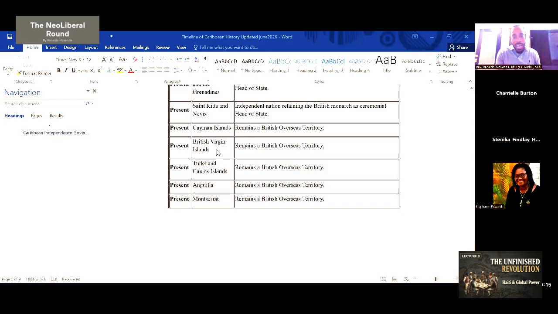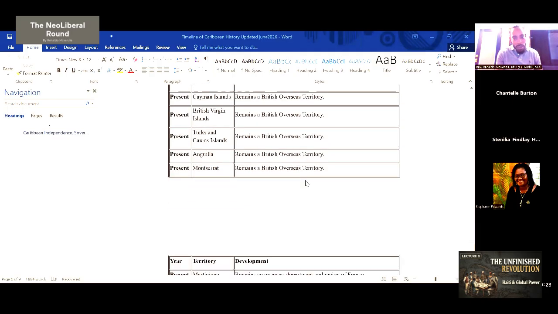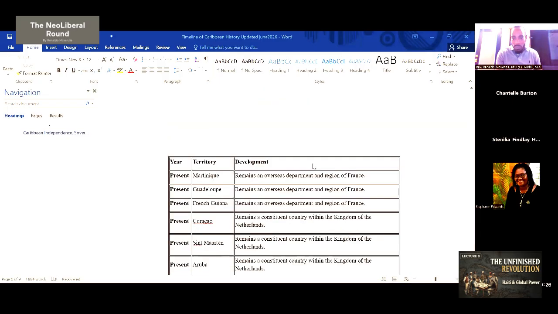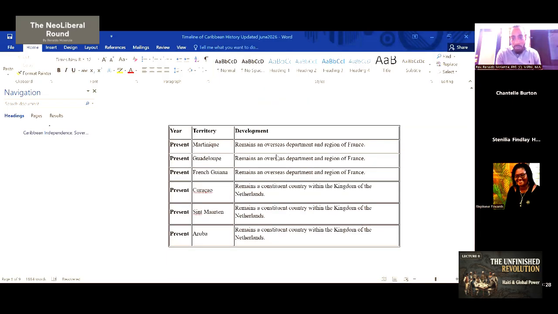The British Virgin Islands, Turks and Caicos, Anguilla, and Montserrat are British Overseas Territories. Martinique remains an overseas department and region of France.